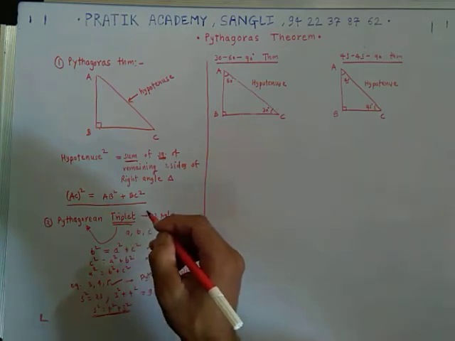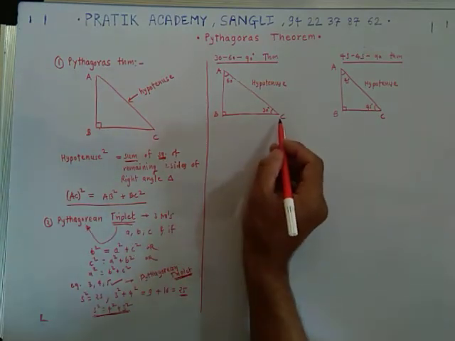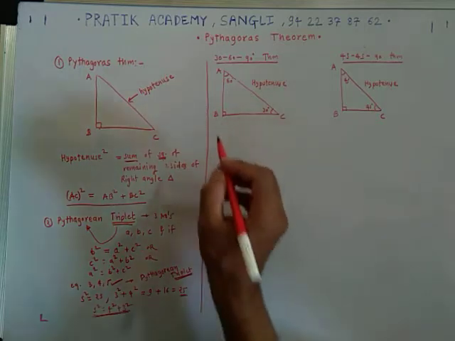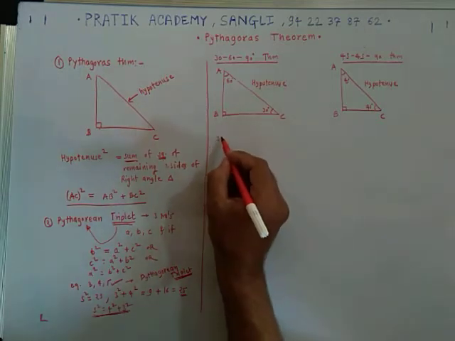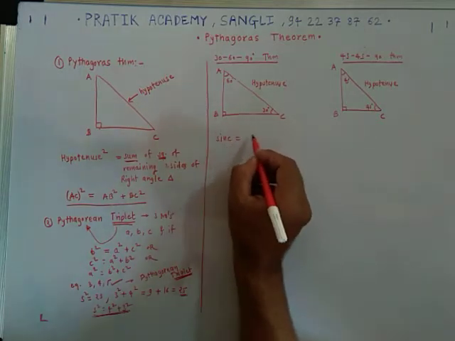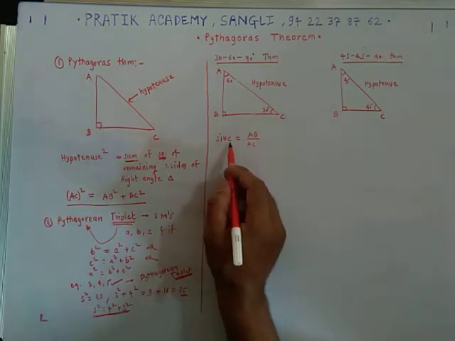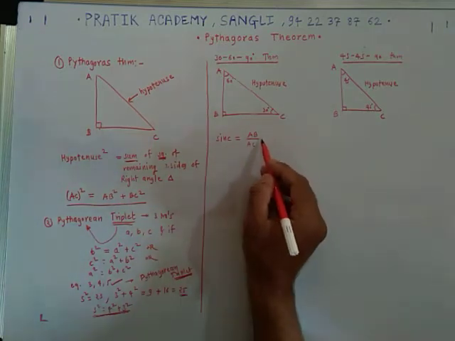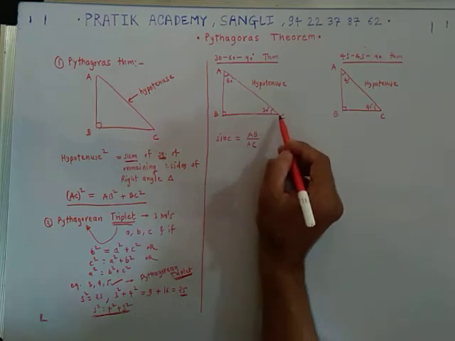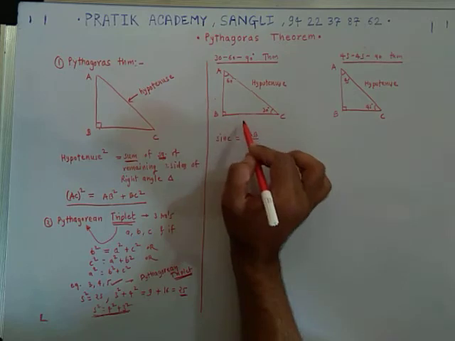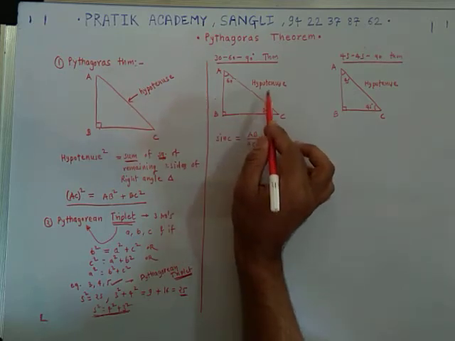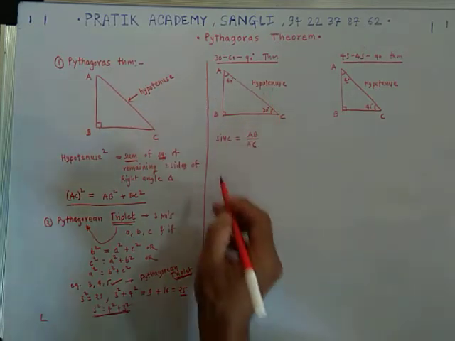Now, if you take the 30 degree angle, then sine of C is equal to AB upon AC. What is the definition of sine? Sine is the ratio of opposite side upon hypotenuse. If you take sine C, then sine C is opposite side upon hypotenuse, that means AB upon AC.